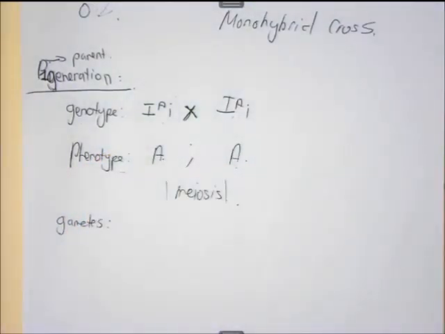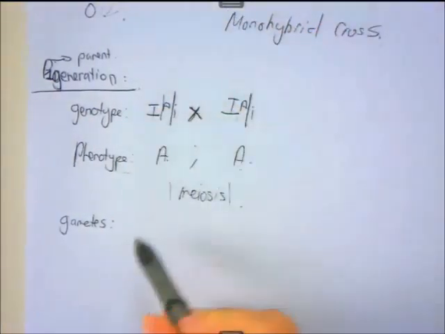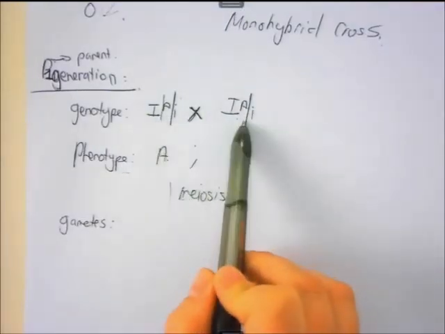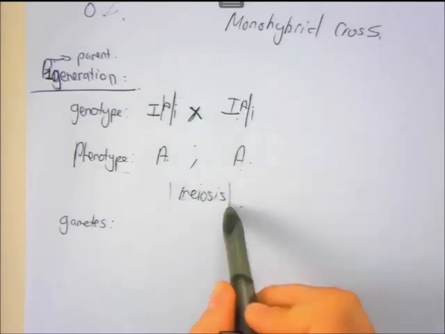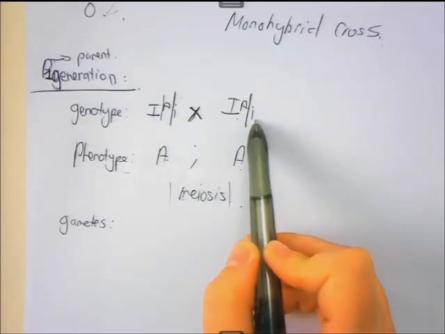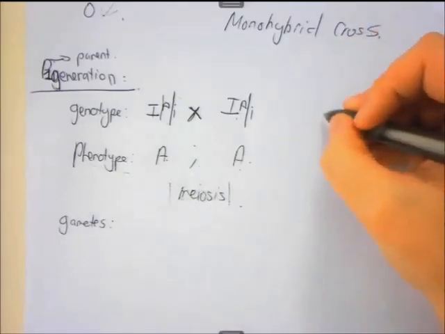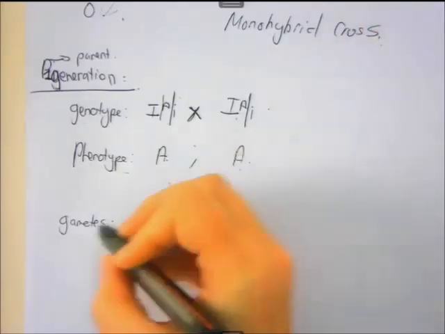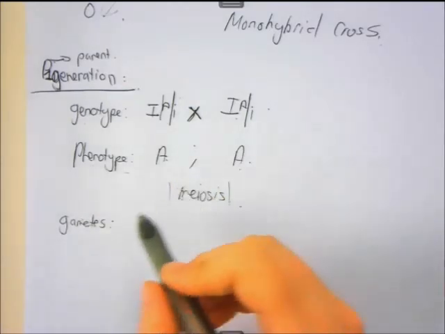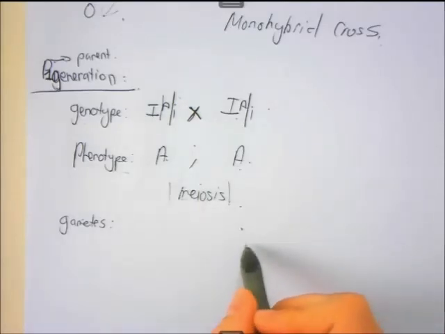If we, through meiosis, split the genotypes of these parents, because remember, meiosis ensures that only half of the information from each parent regarding every characteristic is given in a gamete, which is going to ensure that we go from a diploid number to a haploid number, and when the haploid numbers fertilize each other, when a sperm and an egg fertilize, and conception takes place, we are back to a diploid number.